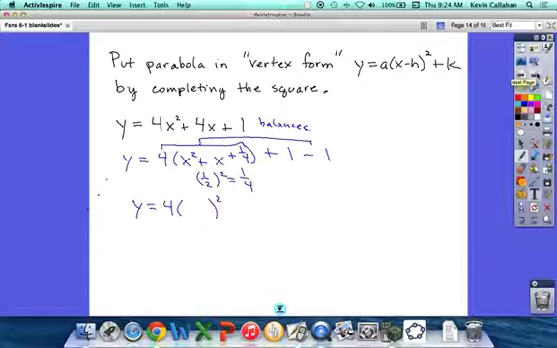Remember that what goes inside the parentheses is x plus whatever was the half of the middle coefficient. That's what goes in. X plus a half. Right? Because that was when we took the 1 and we divided by 2. That's what goes in there. Plus 1/2. Okay, now we've got to simplify the end of the row. 1 minus 1 is 0. So that's done right there.